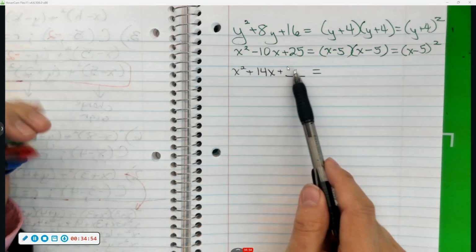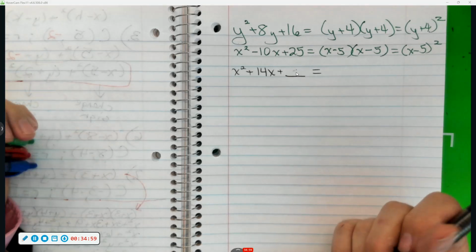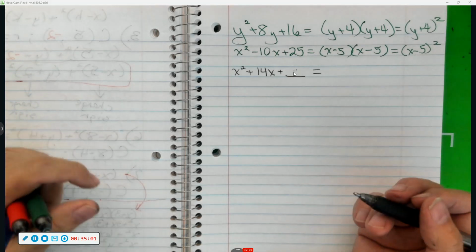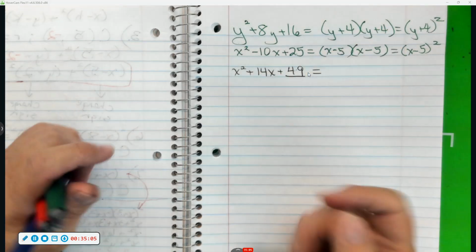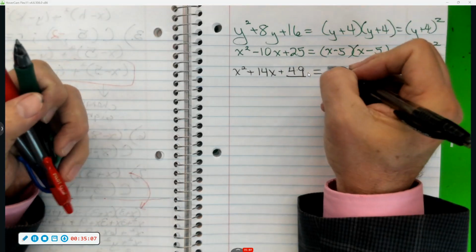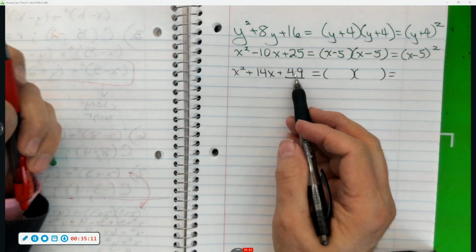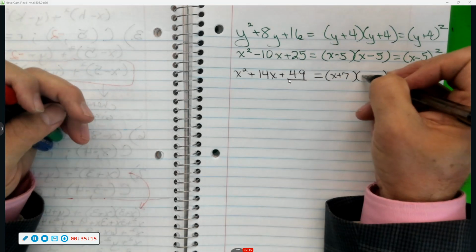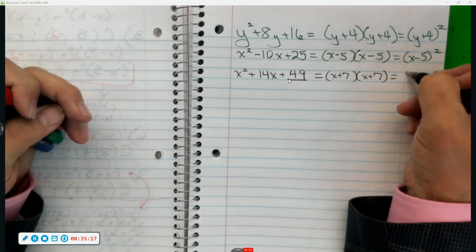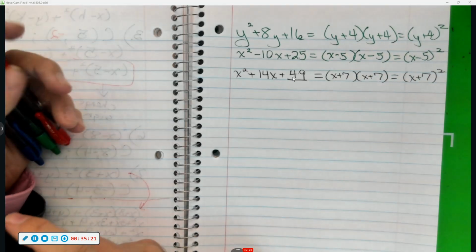What perfect square would we need to create a number so that it factors as a binomial squared? 49. Okay, someone's seeing the pattern. I think they already knew it. If you have a 49 there, this is going to factor as x plus 7 times x plus 7. And that, in short, is an x plus 7 quantity squared.